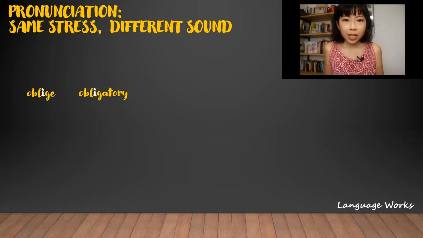For the first word, we have the main sound in there, "eye". And for the second word, the sound for the letter I is different. Oblige, oblige. Obligatory, obligatory. So you can hear that it's very different. Oblige has stress on the second syllable.